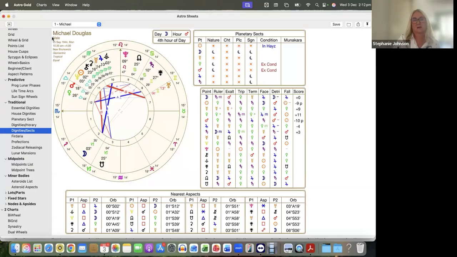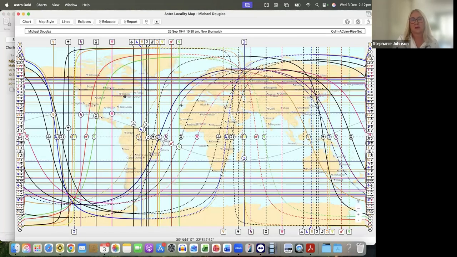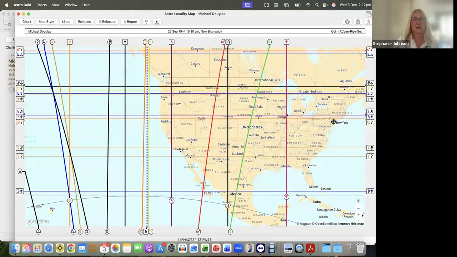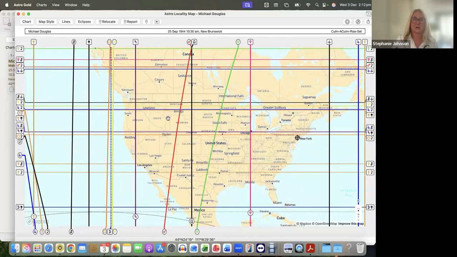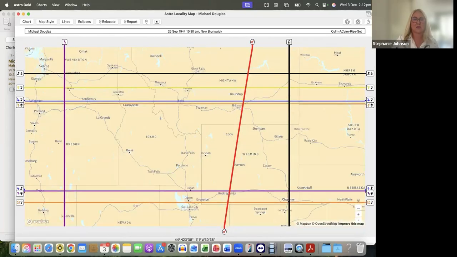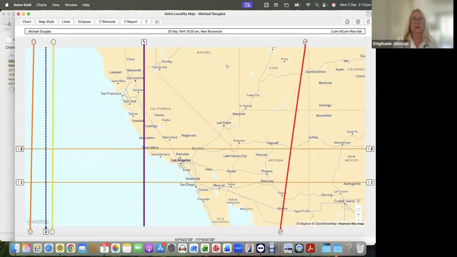So I come into the dignities sheet and have a look at that. But then we go to the map. What I wanted to show you today with Michael Douglas is we can double click and get into some real detail here. We go right through and we see, of course, if he went to Los Angeles down here, Saturn's actually there, and that is an important influence.